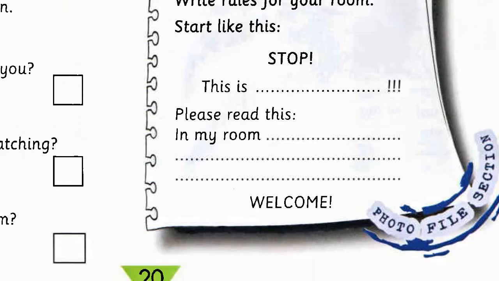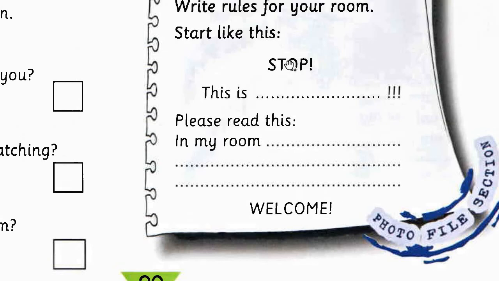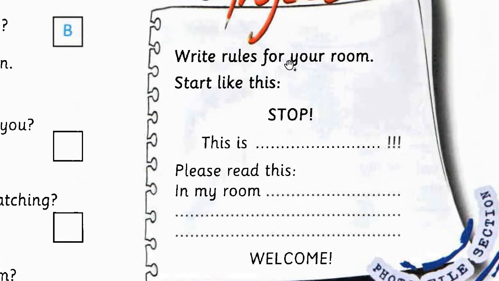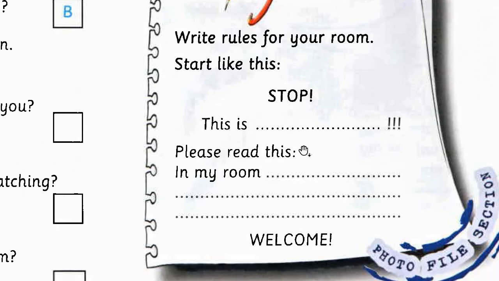Please read this. Everything here should be written in your notebook. So you start writing from here. Stop. And then this is Bat's room. Please read this.